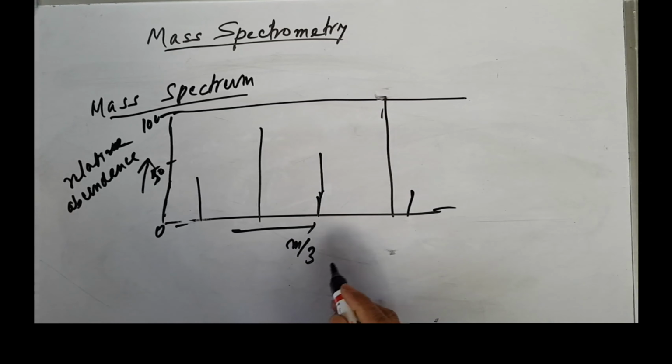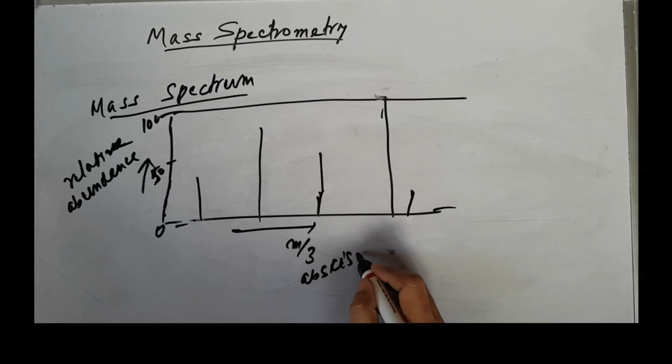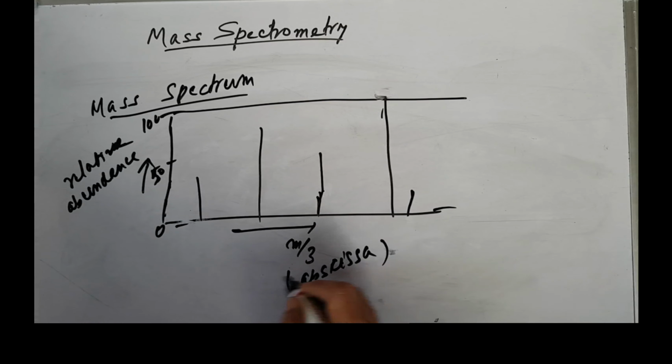Here, I'm repeating again that a mass spectrum is a record of the mass to charge ratio and the relative abundance of the molecular ion and positively charged fragment ions formed by electron bombardment. The m/z ratios are taken along the abscissa, and the relative abundance is along the ordinate.